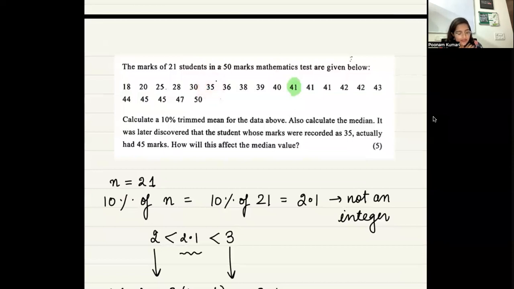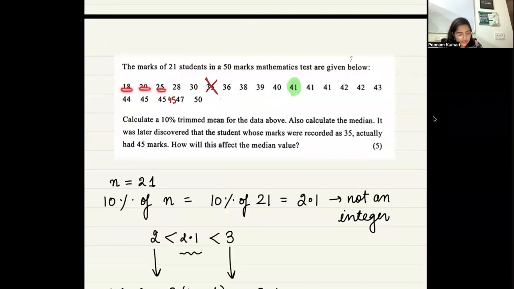So instead of 35, now this 35 should not be here, and that person's score was 45. So there should have been just one more 45, right? Yes or no? Yes, ma'am. So now what is the median value? Again, the 11th position. Yes, ma'am. So what is the 11th position now?